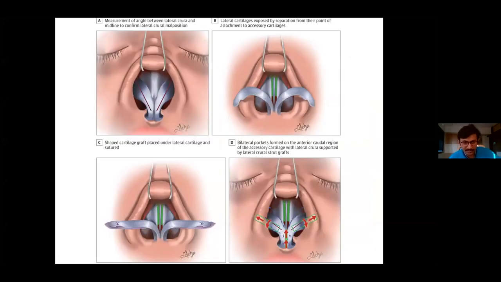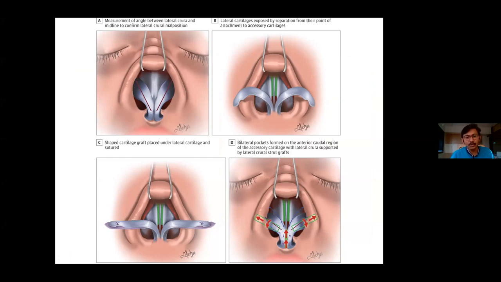So in such cases, you have to release the lateral crus from its attachment and underlying vestibular skin. You have to strengthen it with the help of cartilages that is called as a lateral crural strut graft, and those are inserted in a caudally positioned pocket directed towards the lateral canthus.